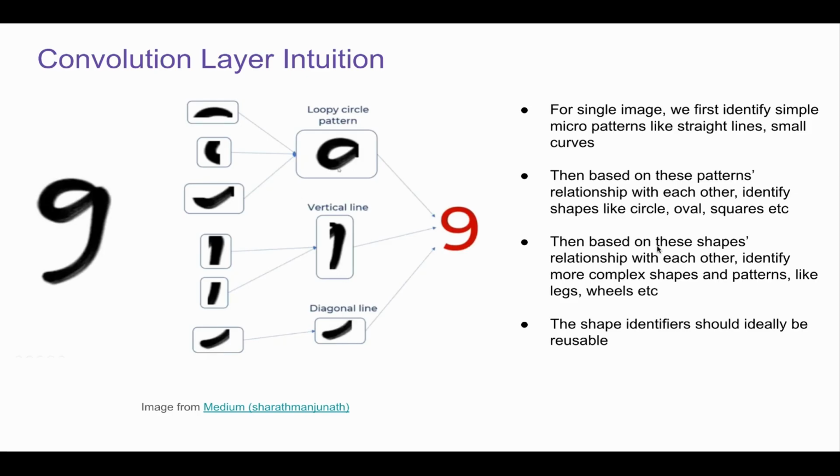And based on these more complex patterns and shapes and their relationships with each other, we can identify even more complex shapes and patterns, one layer after another. In the end, we should be able to detect very complex patterns, like human legs, wheels, eyes, nose, etc. And the shape identifiers should ideally be reusable.